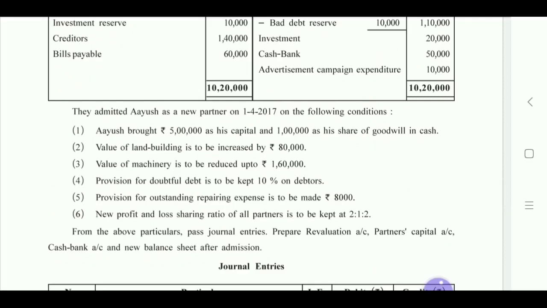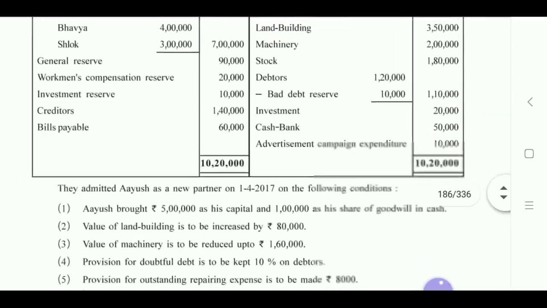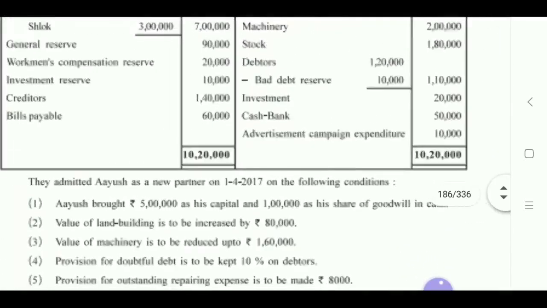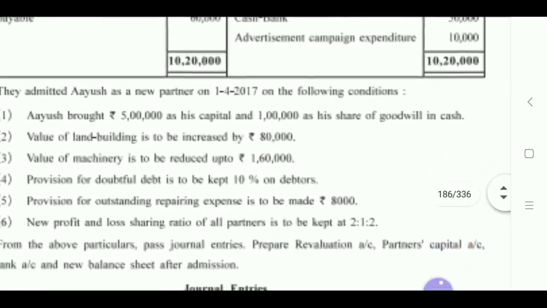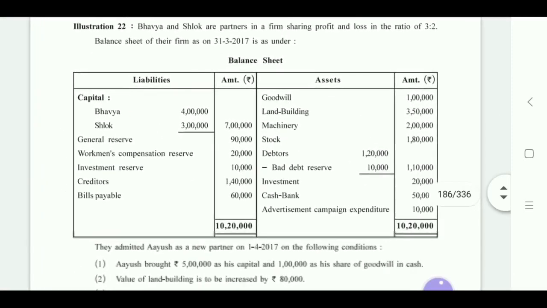There are 6 adjustments, and there will be a journal entry regarding the distribution of reserves, regarding goodwill, regarding capital, the adjustments given below, and also a journal entry regarding the profit or loss on balancing the revaluation account. If you remember, it was present in the previous sum.